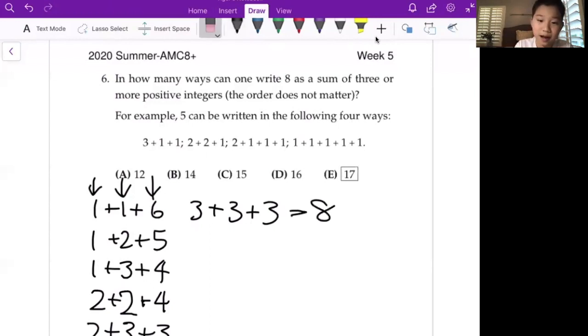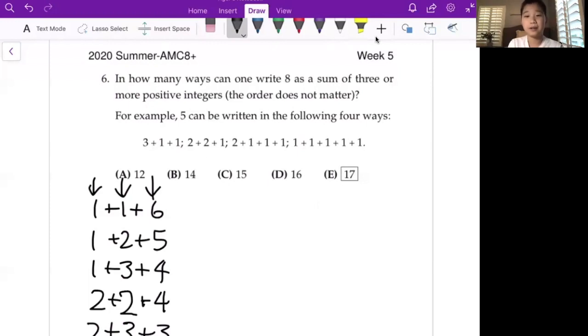So this is not a valid partition. And this is called a partition, by the way. Except for a partition, it doesn't matter if it's a sum of 3 or more. It just has to be the sum of 1 or more. Like 8 or 3 plus 5, they're also partitions.